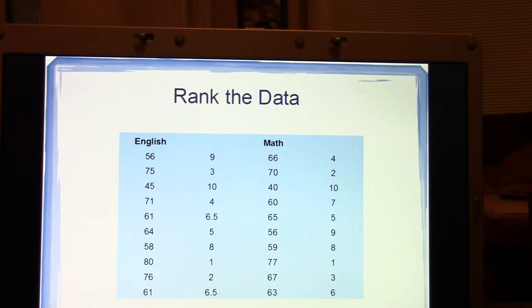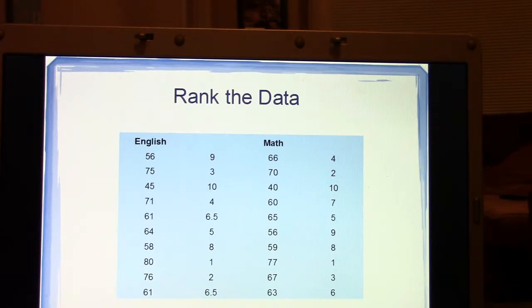I hope you can see that there are two 61s in this data set, and so we must take the average of the ranking of these two, which happen to fall in the 6 and 7 ranking. We have no idea which one is actually 6 and which one is actually 7, so you have to give them the average of the two.